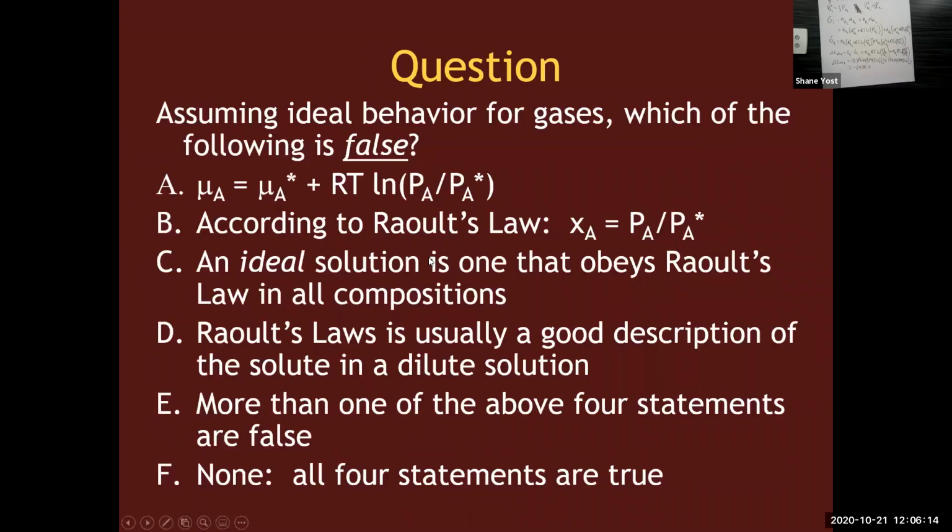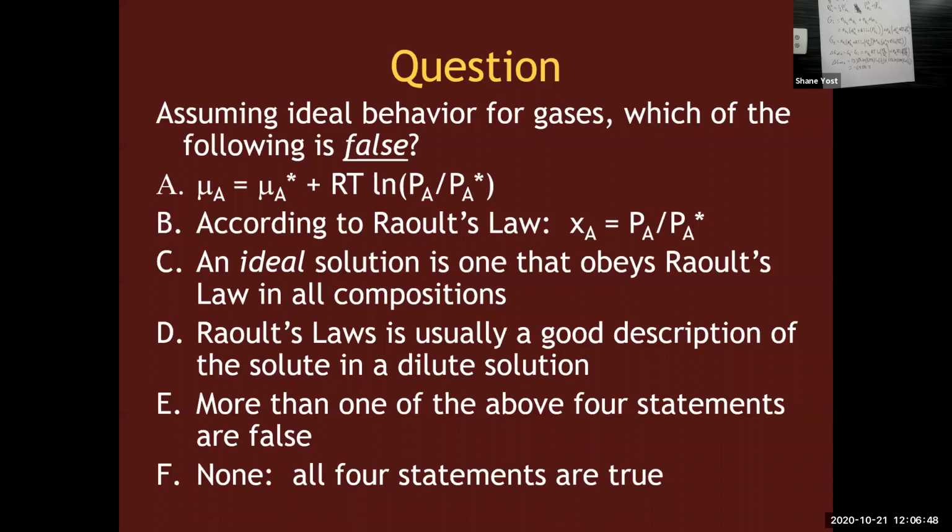All right, assuming ideal behavior for gases, which of the following is false? A, B, C, or D, or is it E, more than one, or F, all statements are true?